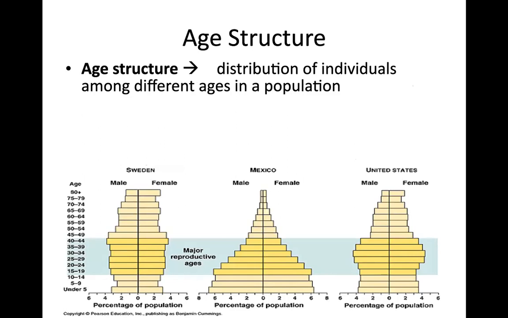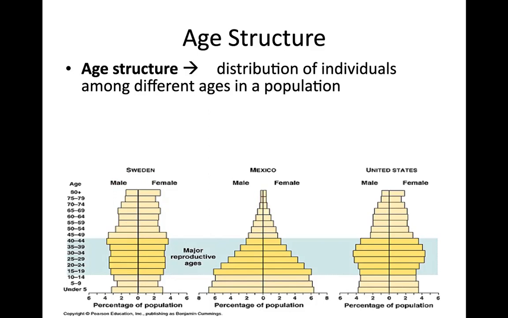So if you look at these 3 different countries, in Sweden, it looks like you have a pretty even distribution. Here we go. So if you look at Sweden, you've got a pretty even distribution between males and females over the entire age range. Okay, so you see a bit of a decrease when it comes to elderly males. This is most likely due to the fact that human males have a lower life expectancy than females.